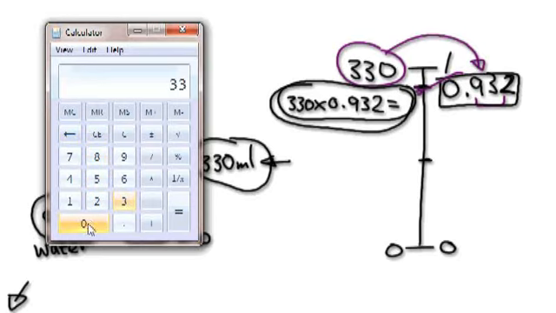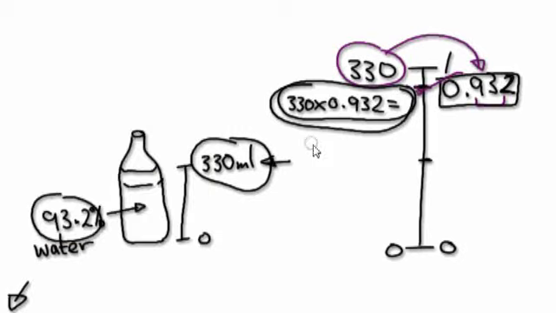So it'd be 330 times 0.932 equals 307.56.